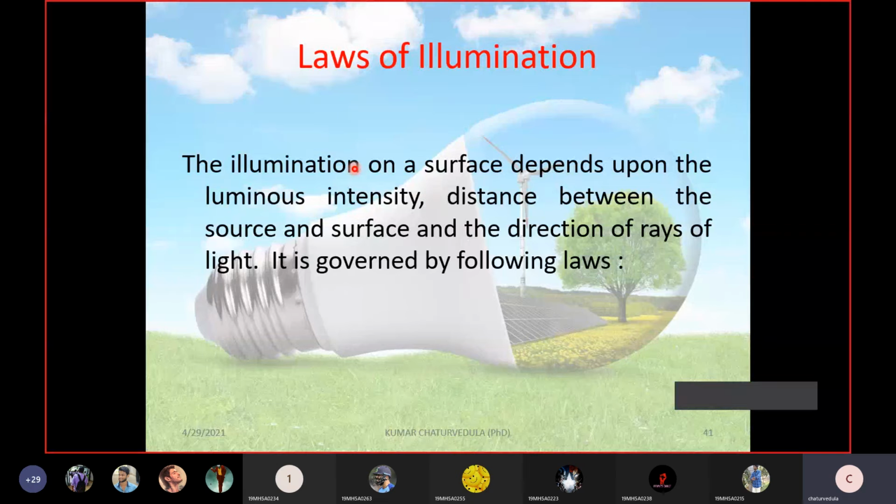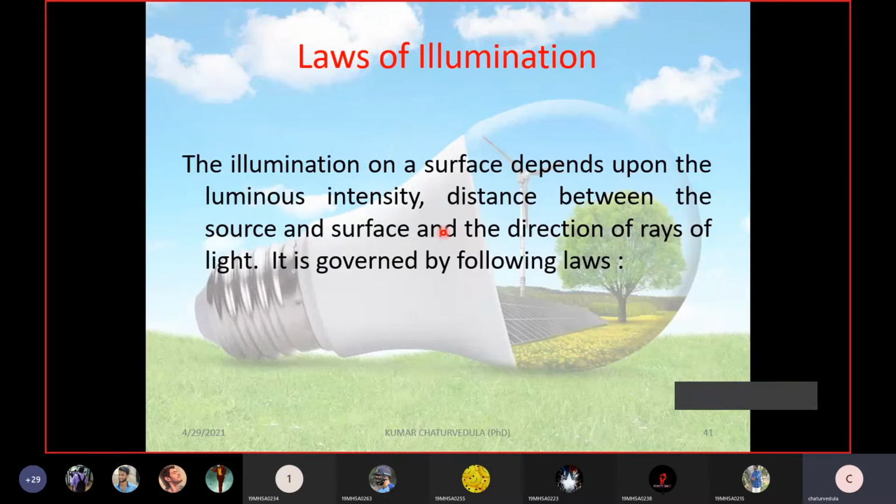Then comes the loss of illumination. There are two losses of illumination: one is the inverse square law, another is Lambert's cosine law. The illumination on a surface depends upon luminous intensity I, the distance between the source and surface, and the direction of the rays of light.